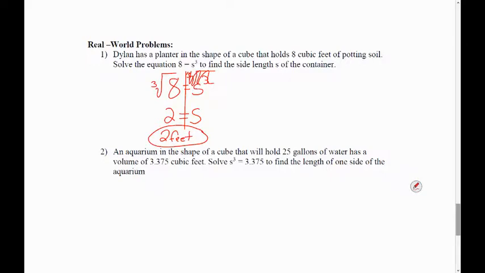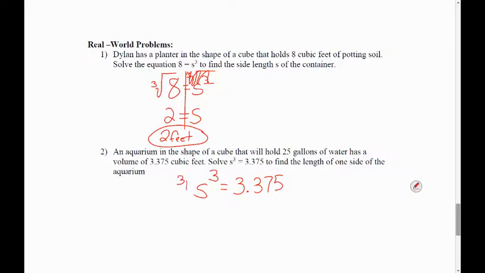And our last one says an aquarium in the shape of a cube that will hold 25 gallons of water has a volume of 3.375 cubic feet. We're going to solve s to the third power is equal to 3 and 375 thousandths.